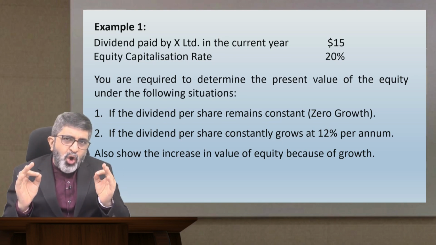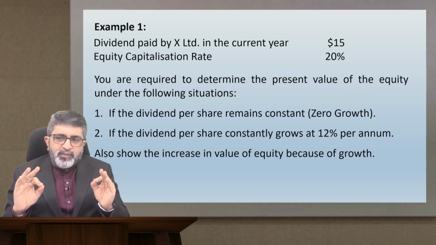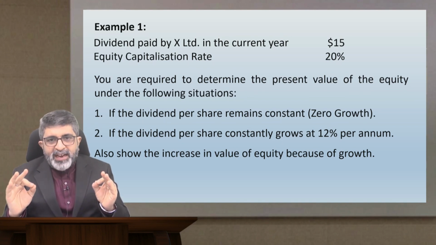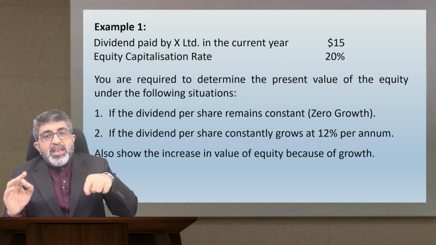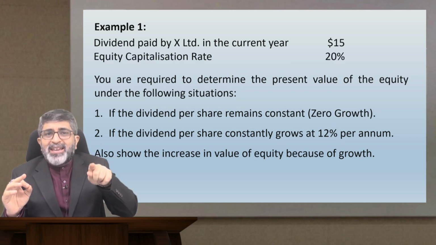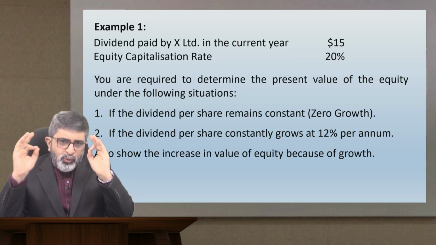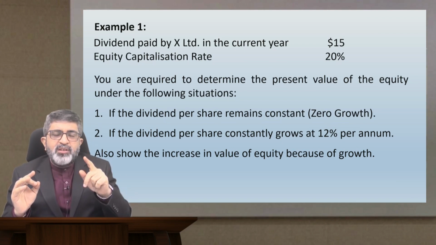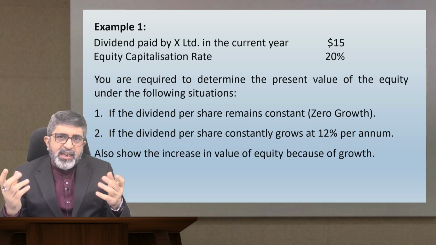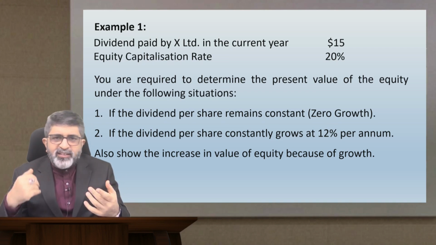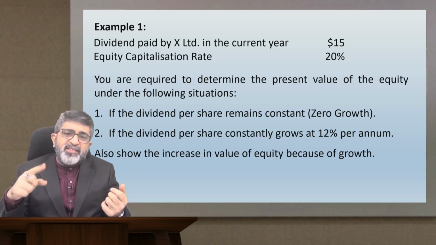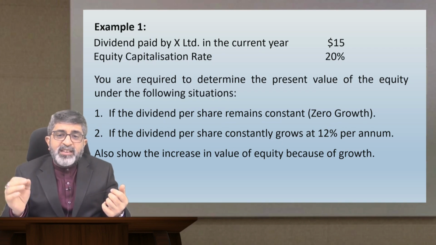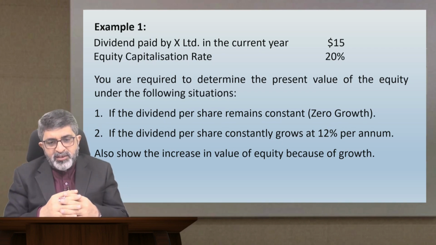So the Gordon's model application will still be the same, that is P0 equals D1 divided by K minus G. You have to apply the same formula under both the scenarios. The only difference will be that in the first case, growth rate is 0. In the second case, there is a constant growth rate of 12%.